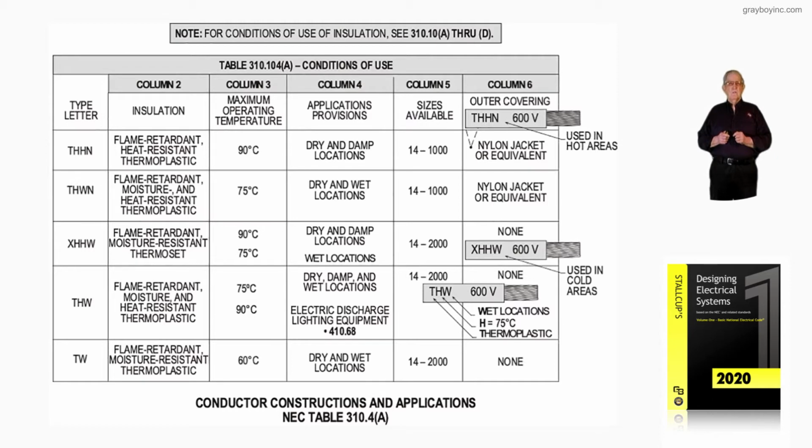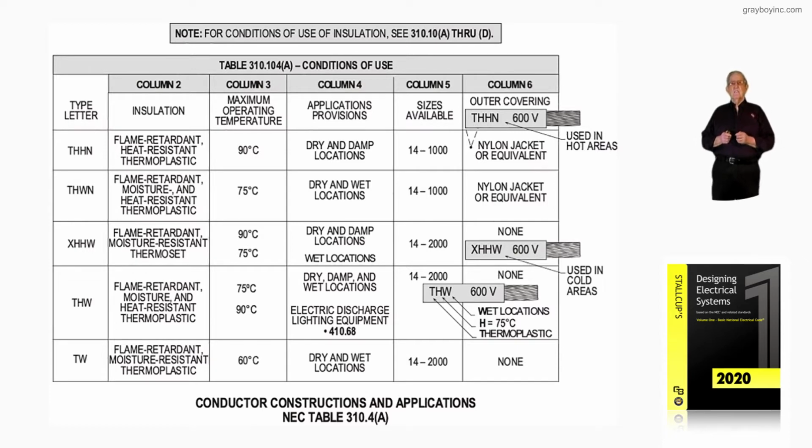Now, notice if I was using, say, THHN, the column 2 in the illustration shows that it's fire retardant, heat resistant thermoplastic, rated for 90 degrees C maximum temperature. It can be used in dry and damp locations.